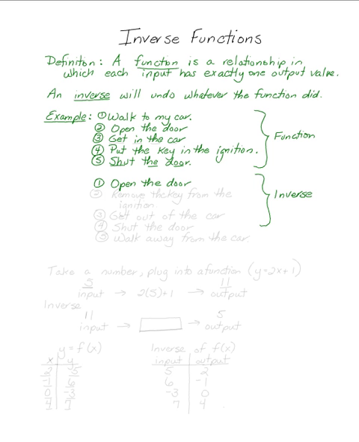Then, what am I going to do? I'm going to remove the key from the ignition. Thirdly, again, what are we doing? We're going backwards. So I got in the car, so I want to get out of the car.